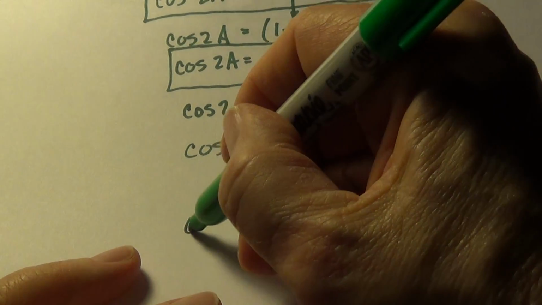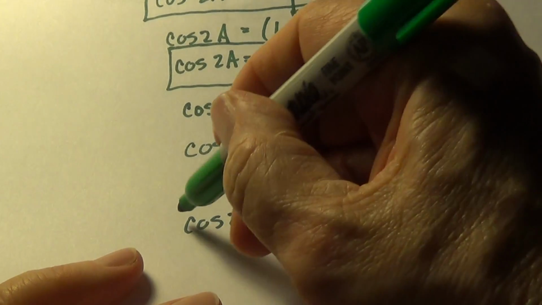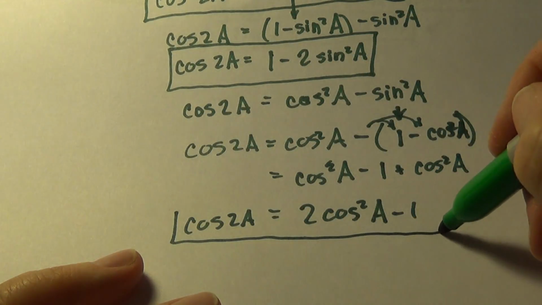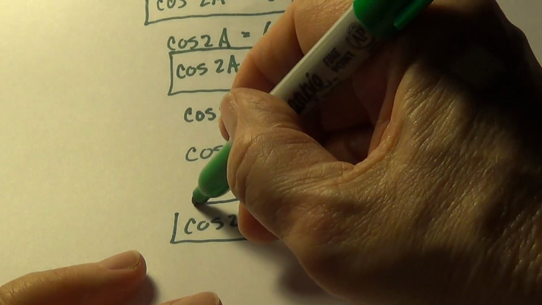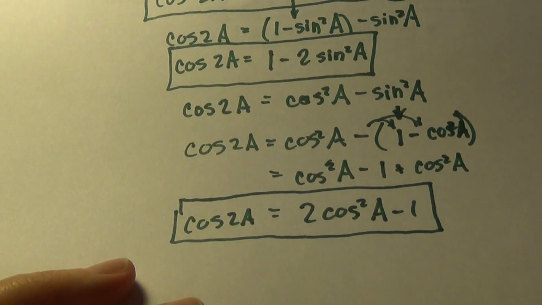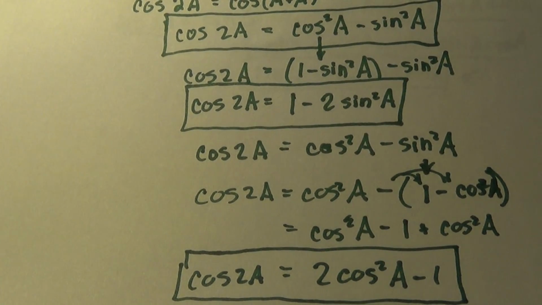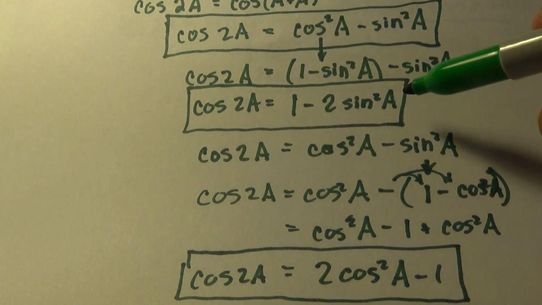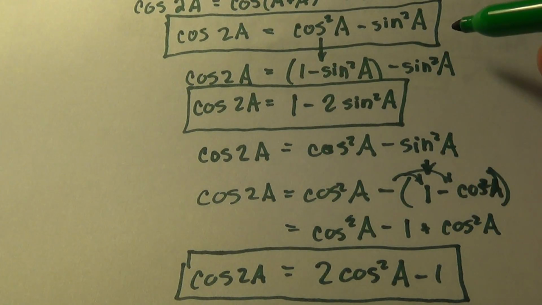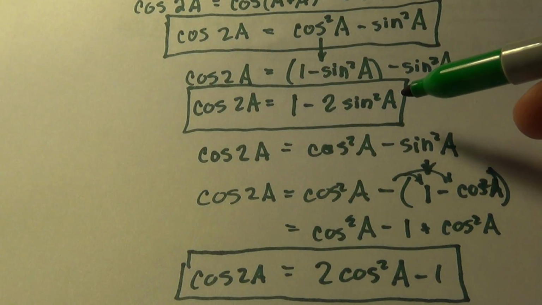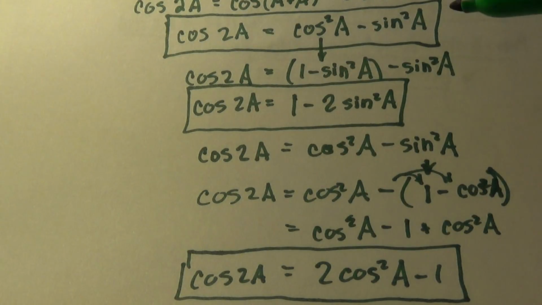So that is the third and last form for the cosine of 2a. All right, so those are the three for the cosine of 2a, and one is usually easier to use in the given situations that you'll find than the other. So write them all down.